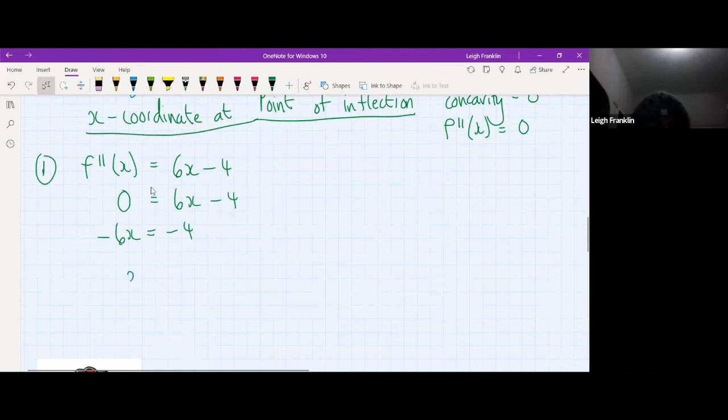That means x is going to be equal to negative 2 over 3. Oh, sorry, positive 2 over 3, because a negative divided by a negative is a positive. Going to be 2 over 3. Is everybody happy with that?